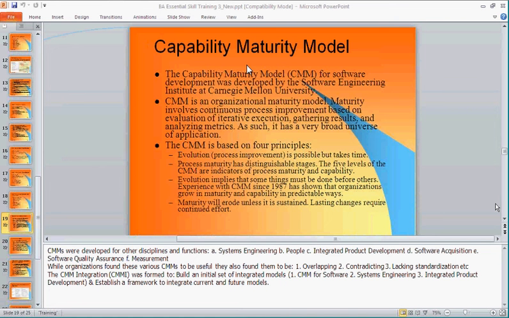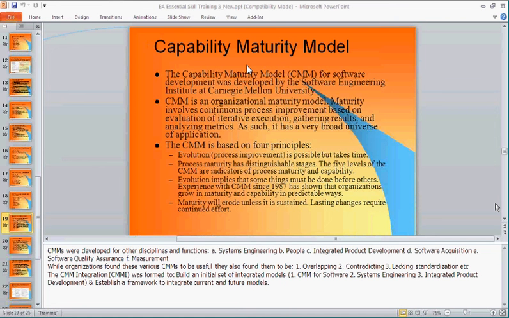So what they found out was that even though this model was useful, because of the various disciplines and functions and capability maturity models per discipline and function, there was an overlap. Sometimes they were contradictory, and they lacked standards.